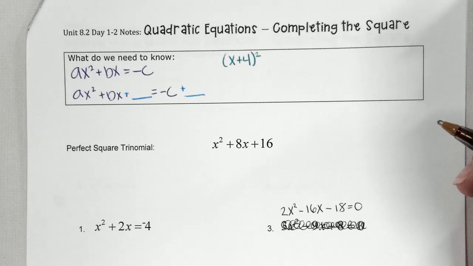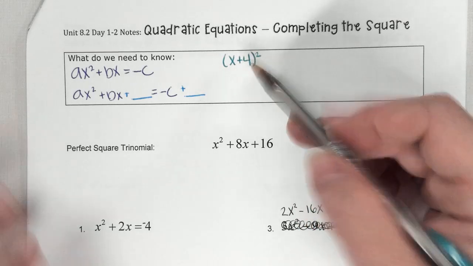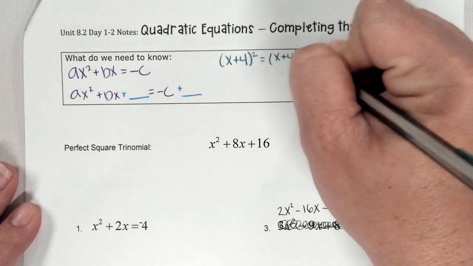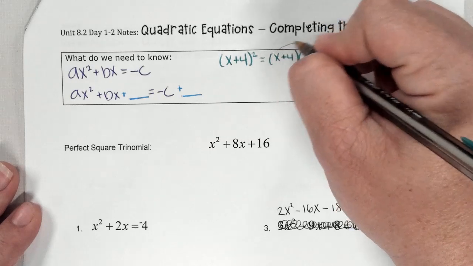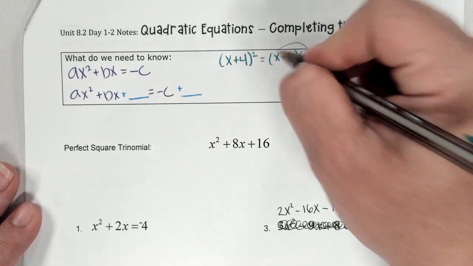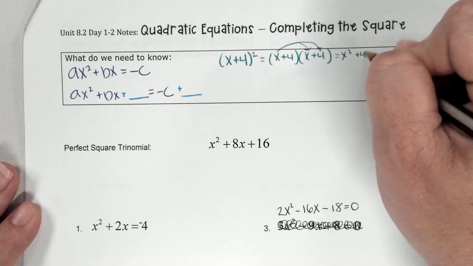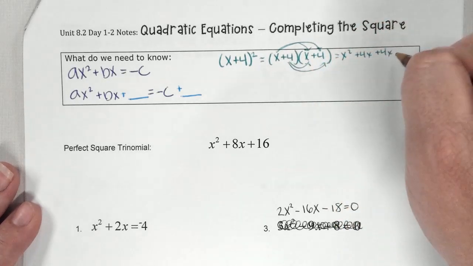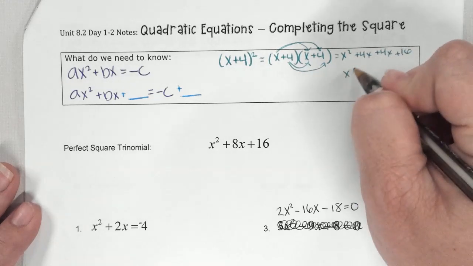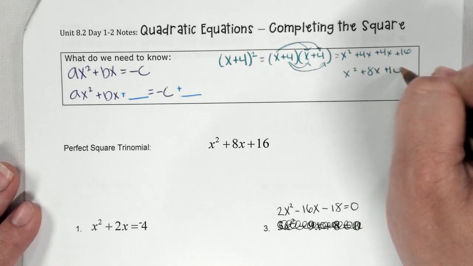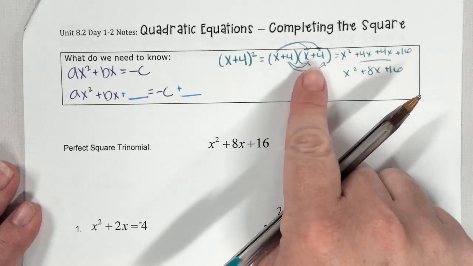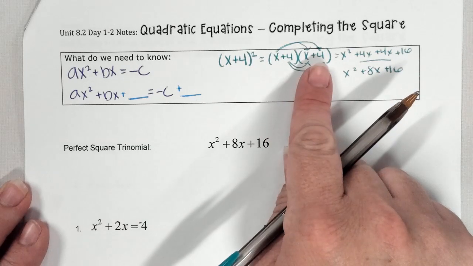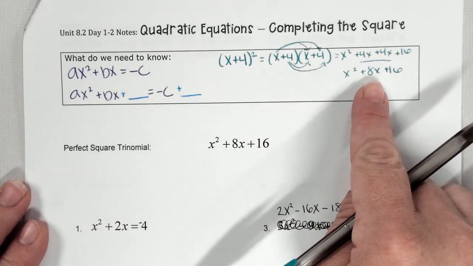So this is a perfect square trinomial, except it's written like this, because if I were to write this twice, which is what squared means, and multiply, I would do x times x, x times 4, 4 times x, 4 times 4, and I get x squared plus 8x plus 16. Because the two binomials are exactly the same, we call this a perfect square trinomial.